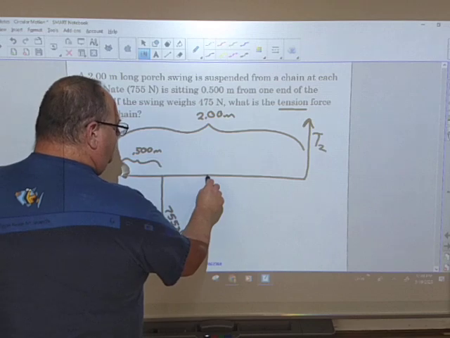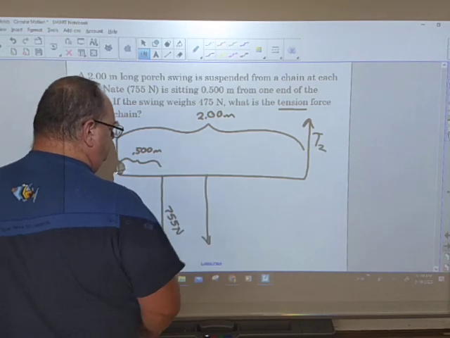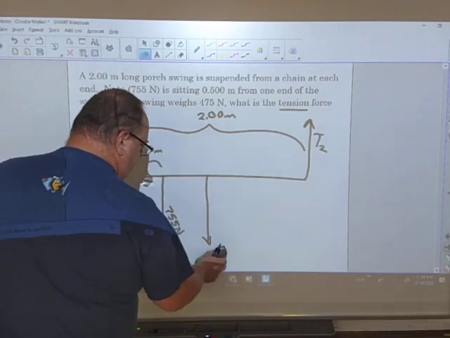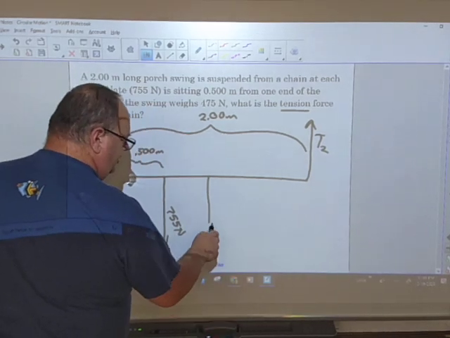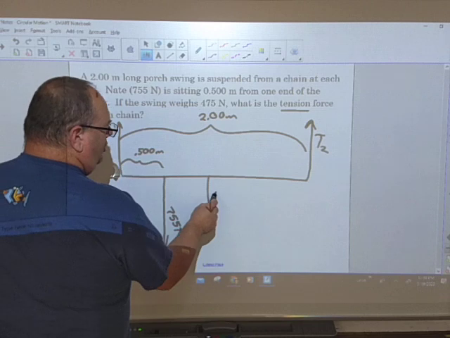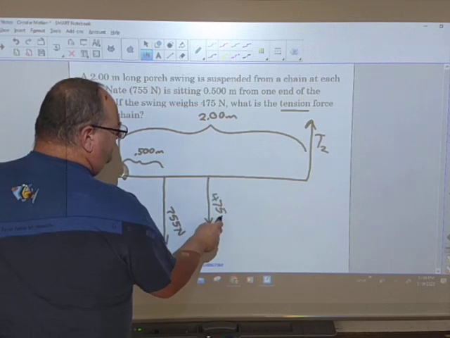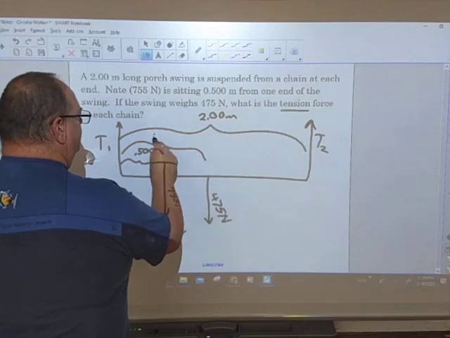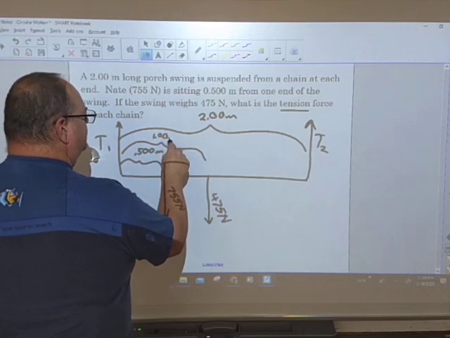I'm going to put that right in the middle. I should make it a little shorter by comparison, 475 newtons. And that distance from this end was 1.00 meters.